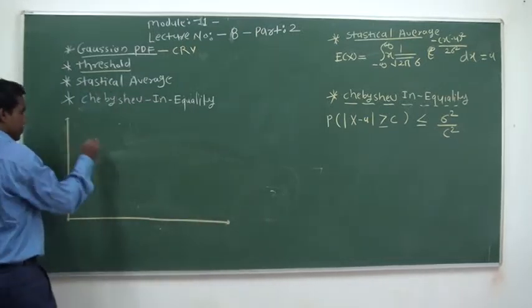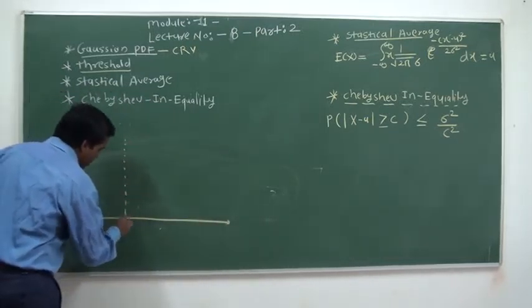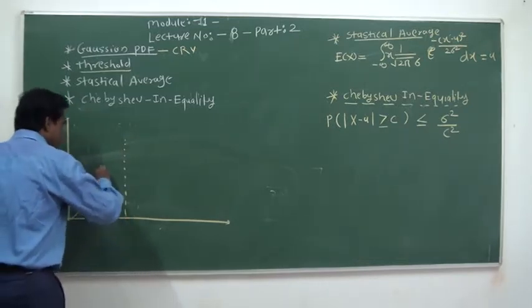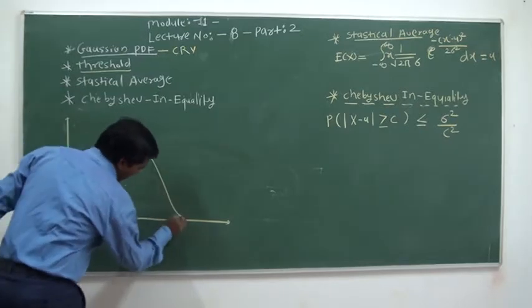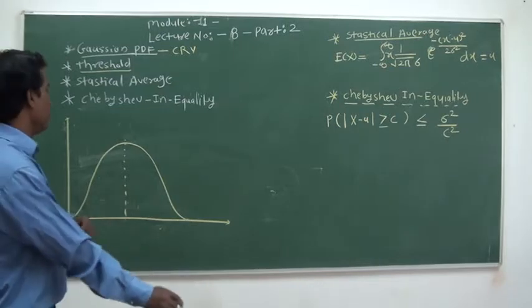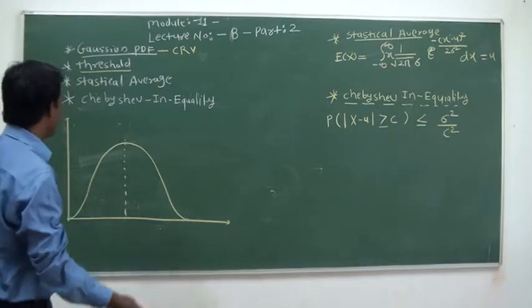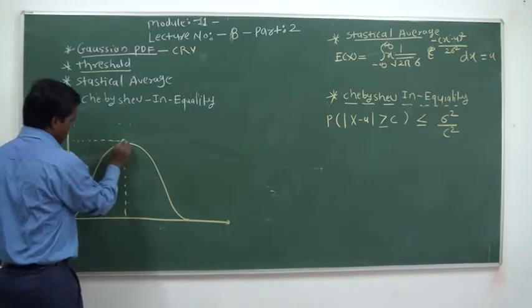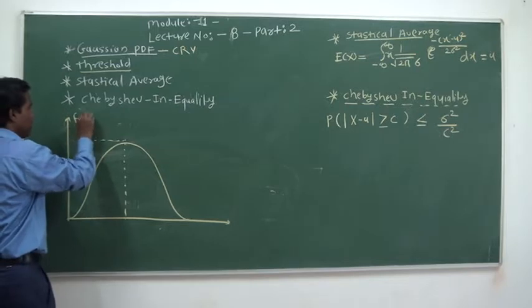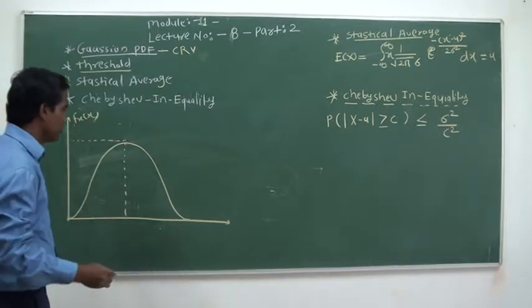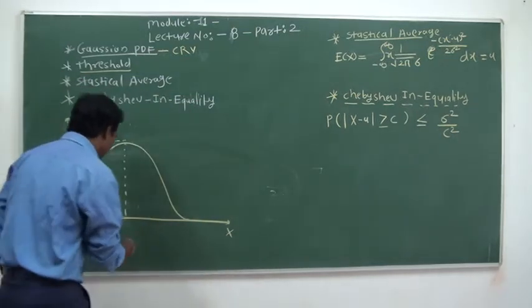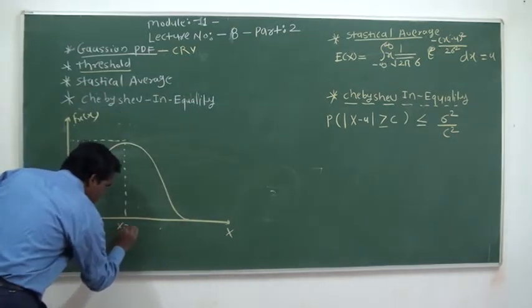The Gaussian PDF has its peak value at the center, at the mean. When the mean value is the peak value, x is equal to m. This is the peak value. This is f of x versus x, that is the probability density function against the random variable, and here x is equal to mu.